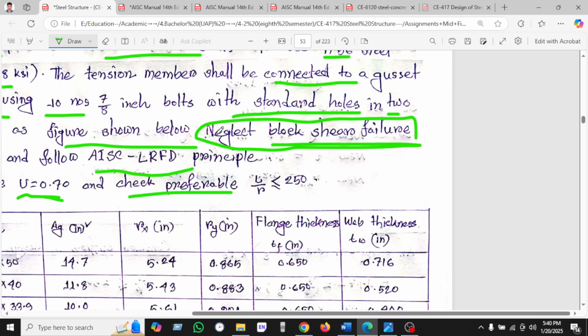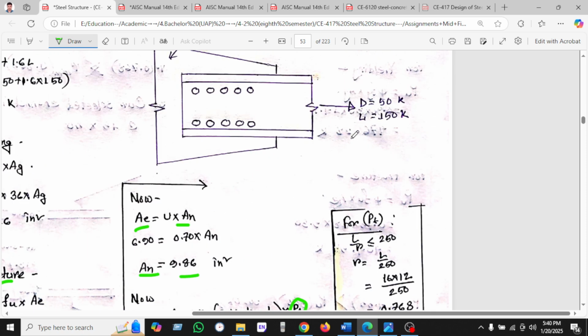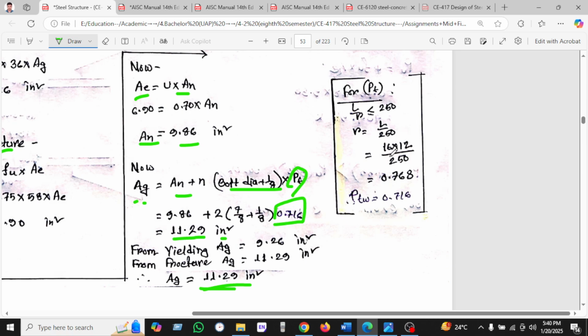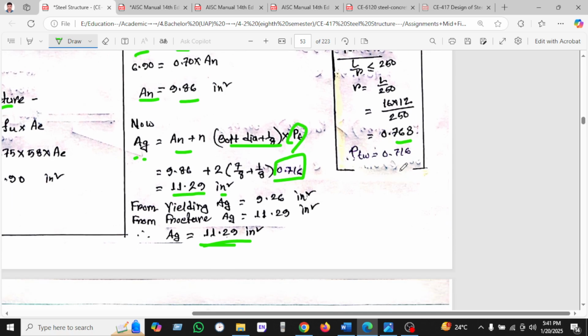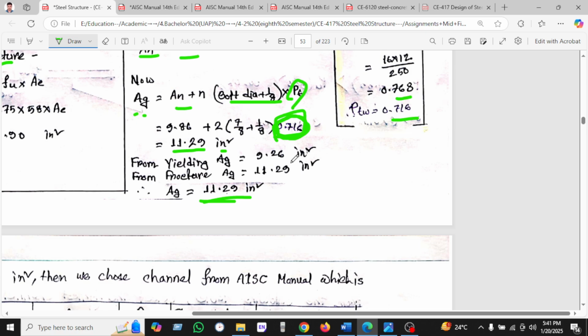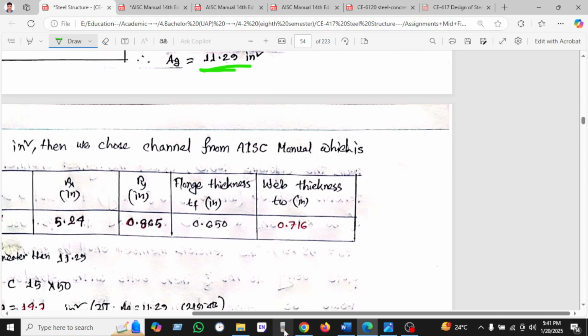L is given here as 16 feet, and we are multiplying by 12 to take it in inches, and we have seen here 0.768, and we are taking the lesser value, 0.716, and this is our assumption. Whether we take bigger or lesser is not a big deal, but we are taking the lesser value and found AG, which is 11.29.